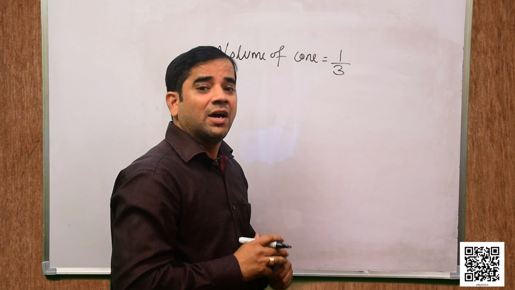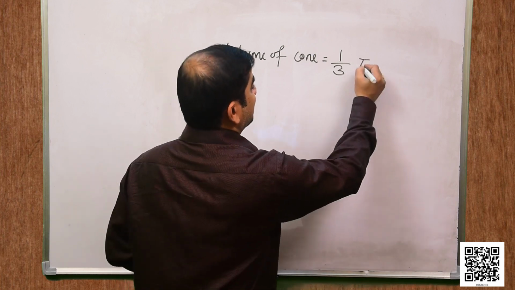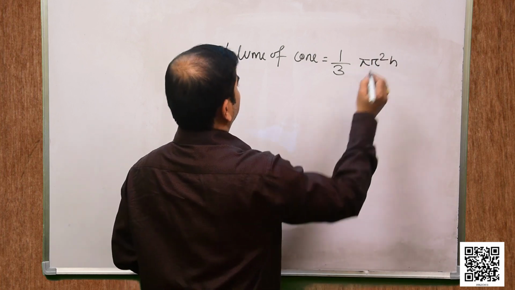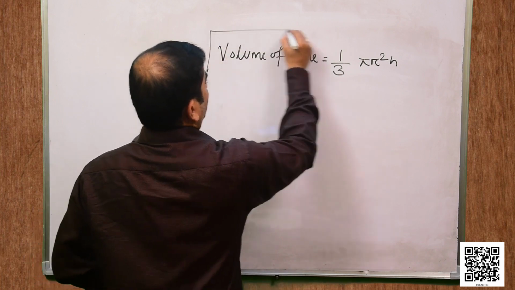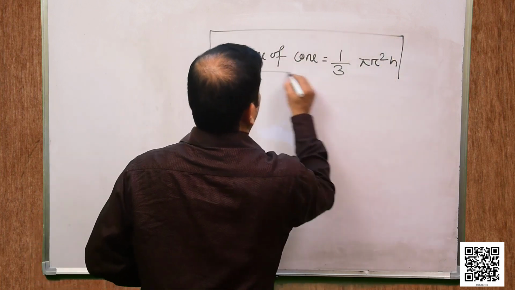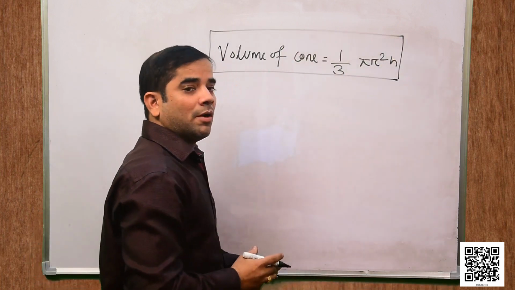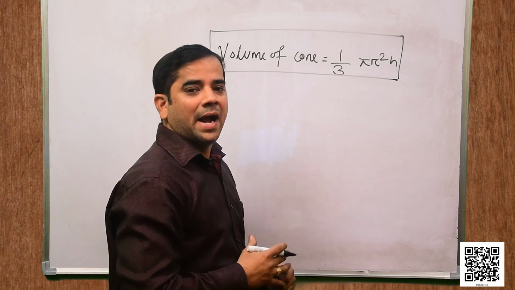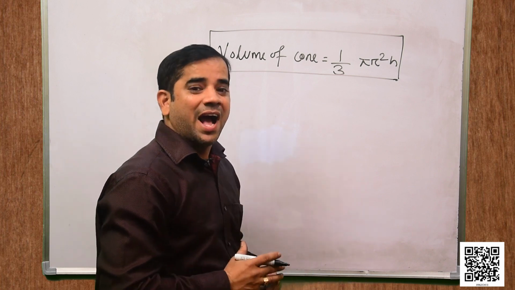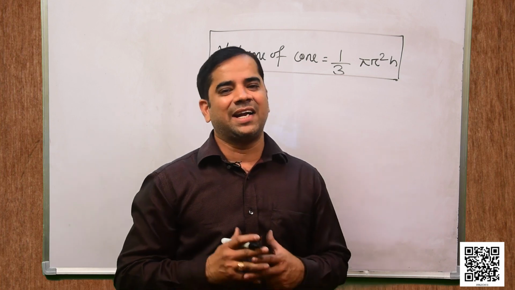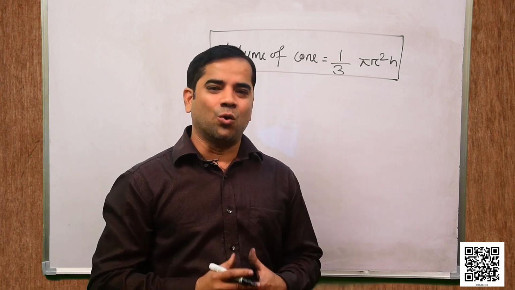What is the volume of the cylinder? That is pi r square h. So, the volume of the cone is nothing but 1/3 of the volume of the cylinder, that is 1/3 pi r square h, where r is the base radius and h is the height of the cone.